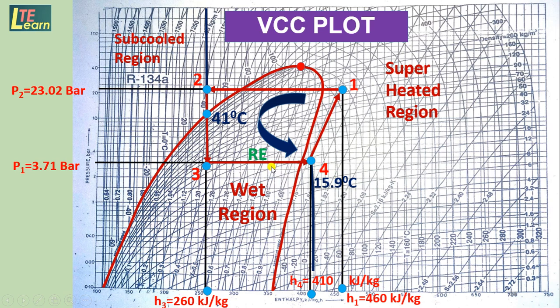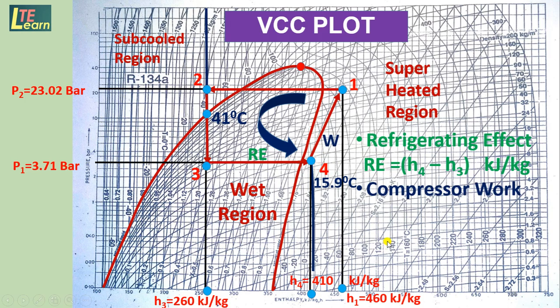So in the evaporator we find refrigerating effect, means cooling effect. We can calculate refrigerating effect by using the formula, that is H4 minus H3. Process 4 to 1 is a compression process. So in this compressor work is done. Formula for compressor work is W, which is equal to enthalpy difference, means H1 minus H4 in kilojoule per kg.